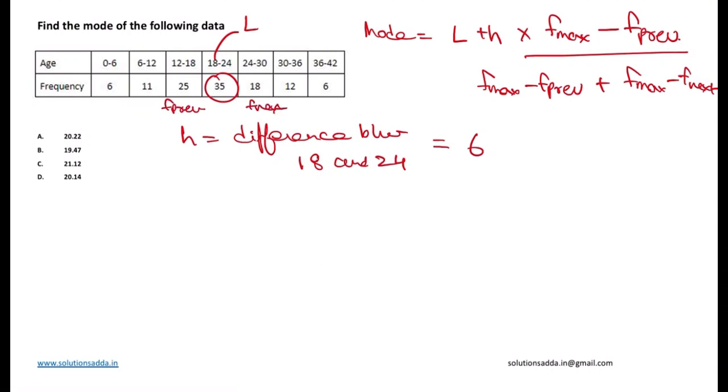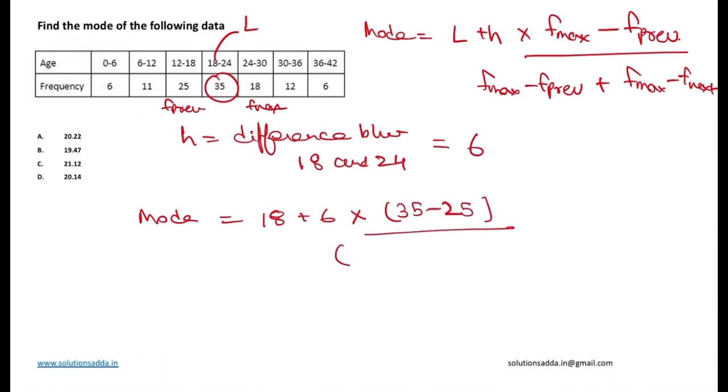Keeping all this in formula, mode will be (18 plus 6) into (35 minus 25) divided by (35 minus 25 plus 35 minus 18).